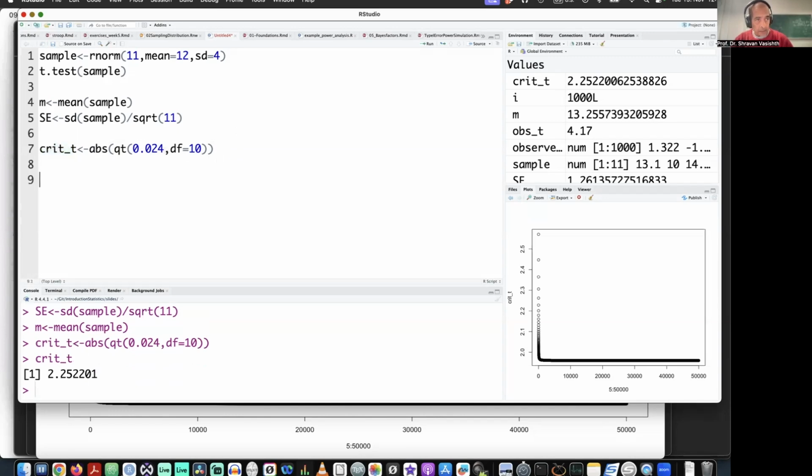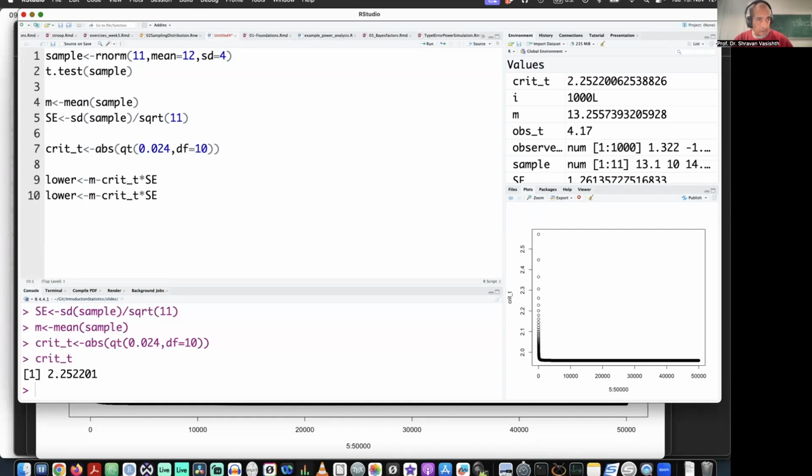Therefore, if I type mean minus critical t-value times standard error, that gives me the lower bound of the confidence interval. If I want the upper bound of the confidence interval, I do mean plus critical t-value times standard error.